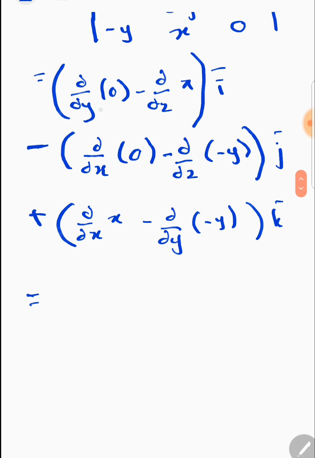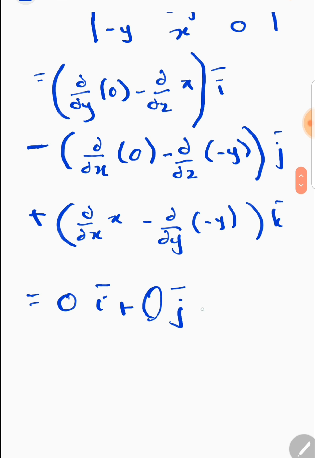So this itself will give me 0. d over dx dz of x is still 0. So literally it gives us 0i. And I have minus. I'll still have this as 0, and for this one, 0 as well, because I don't differentiate anything with respect to z. Again, so this is just 0j.